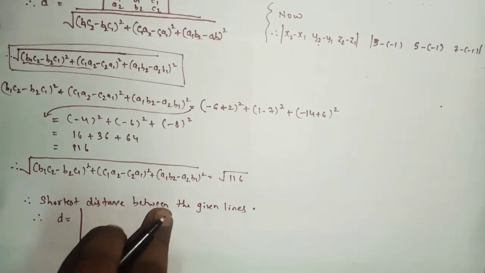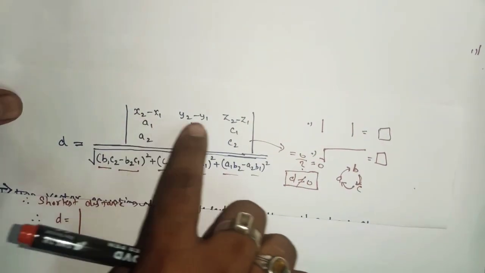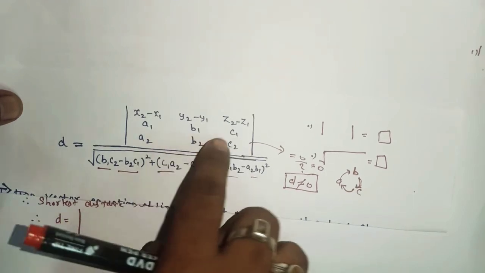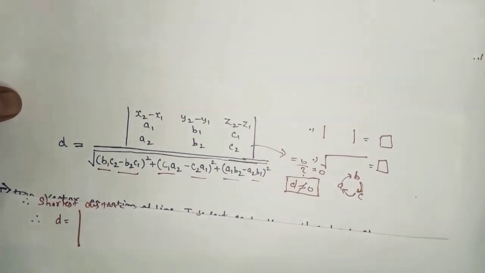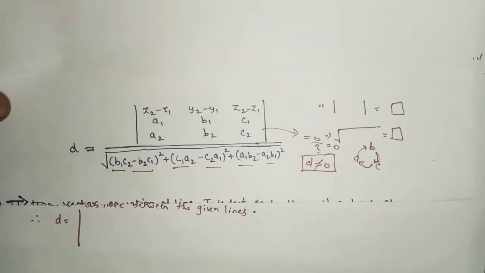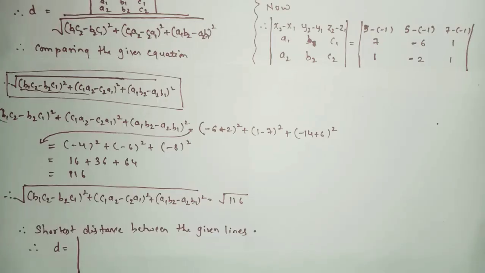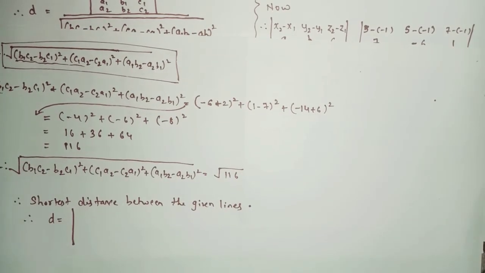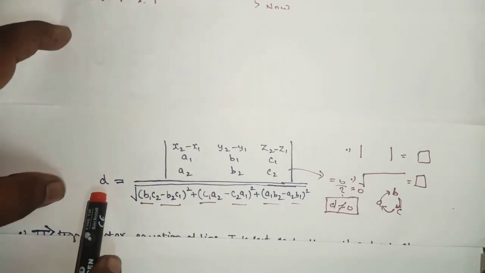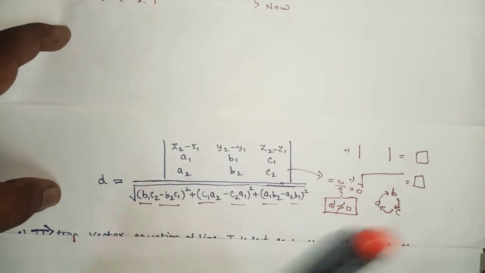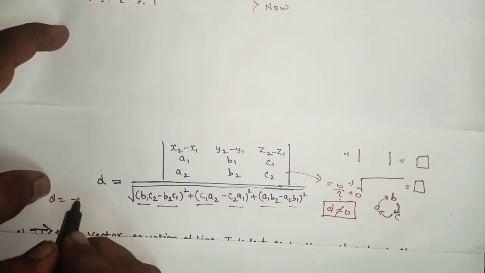So what was the formula, x2 minus x1, y2 minus y1, this was the formula, yes or no. So this is the formula. And remember, whenever we have to find the distance, the distance answer will always be positive. The distance cannot be negative.